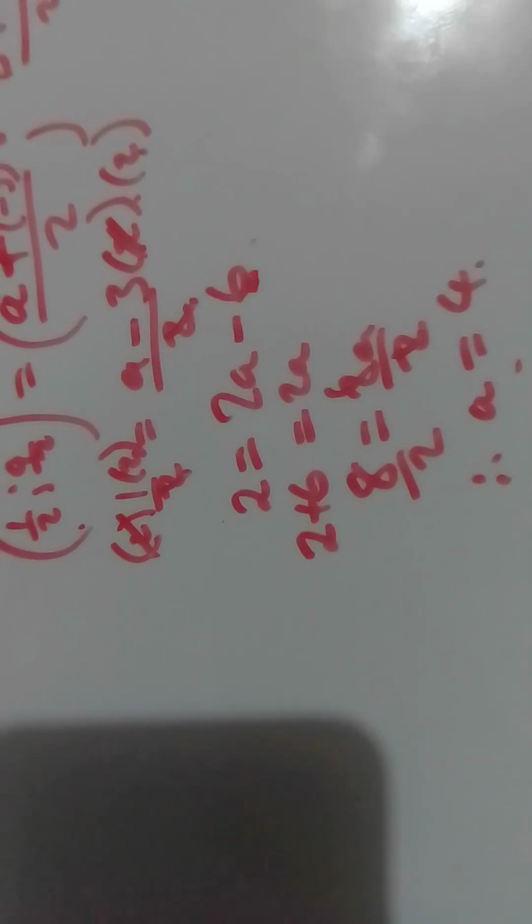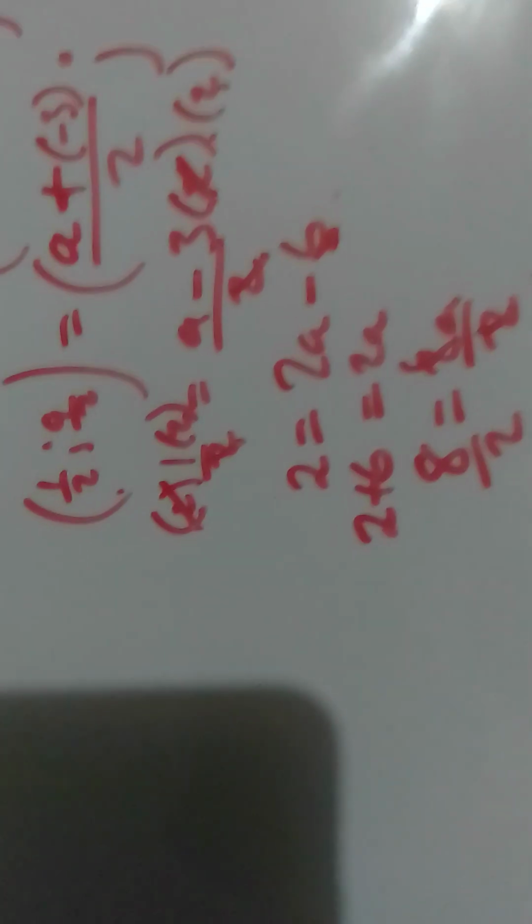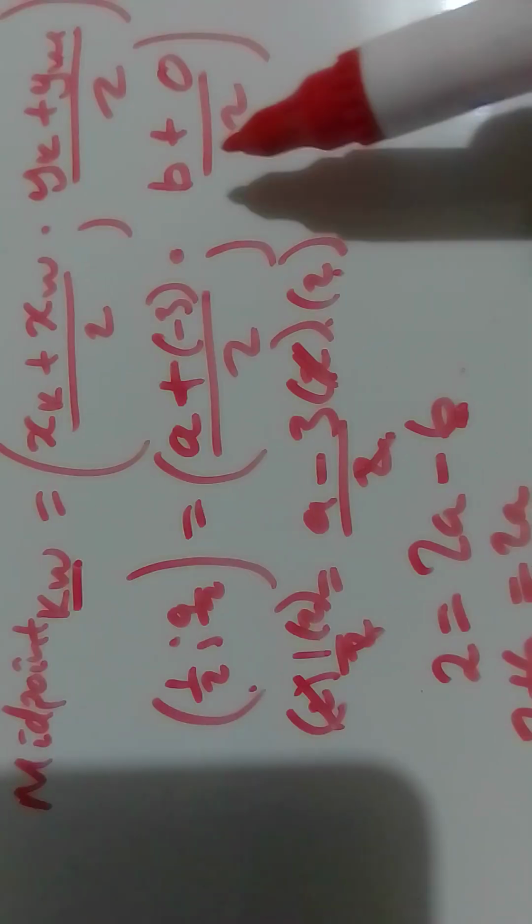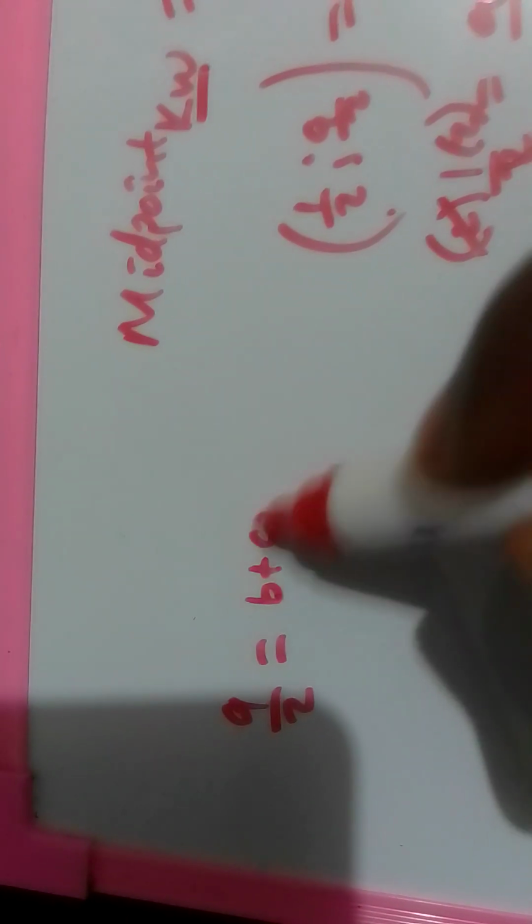So we found the A coordinate, and then we now go to point B. And the midpoint for the y value was what? 9/2. So we now say we have 9/2 here, which is equal to what? Remember, B plus 0 over 2.